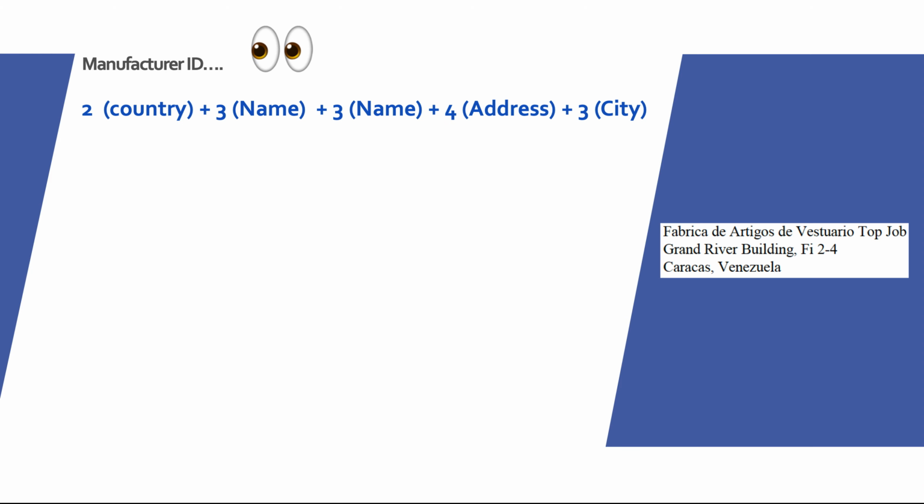So the manufacturer ID is an alphanumeric code, which is 2 characters for the country, 3 characters for the first word of the name, 3 more characters for the second word of the name, 4 numbers for the address, and 3 characters for the city.